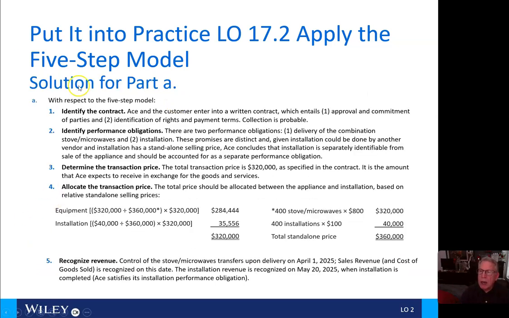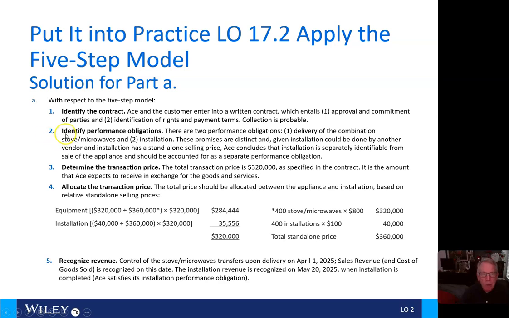So, here, with respect to the 5-step model, 1, we identify the contract, and Ace and the customer have entered into a written contract, which entails approval and commitment of the parties and identification of the rights and payment terms. Collection is probable.